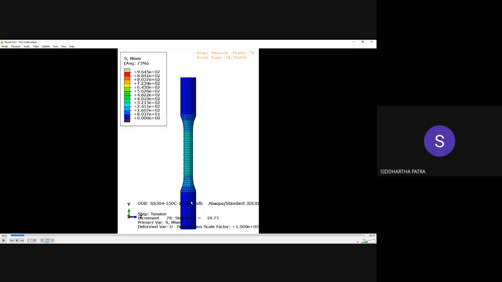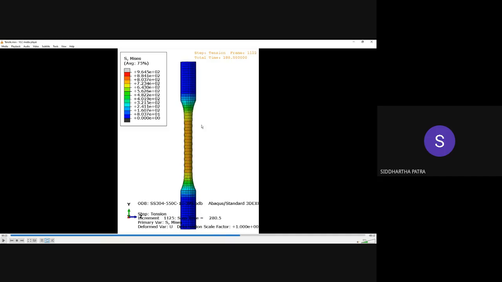You'll notice that the specimen is also elongating, and as it elongates, you might notice the cross section is also reducing. The cross section is becoming narrower and narrower.